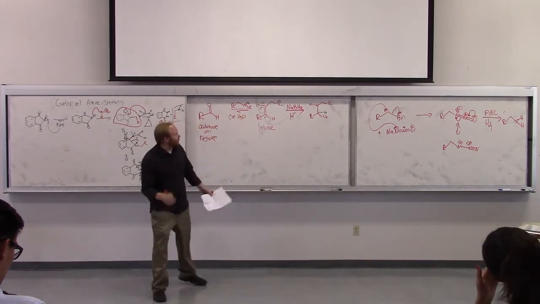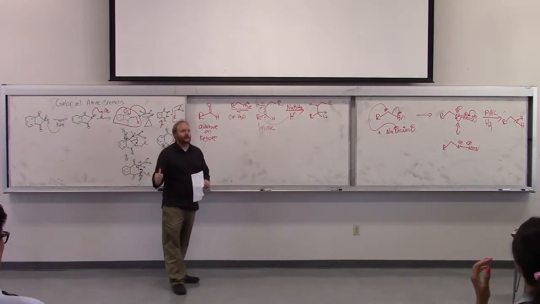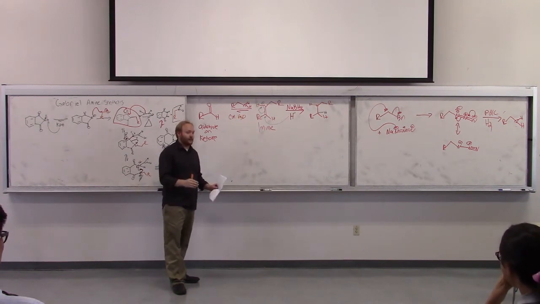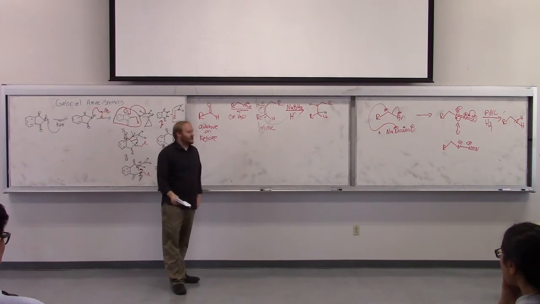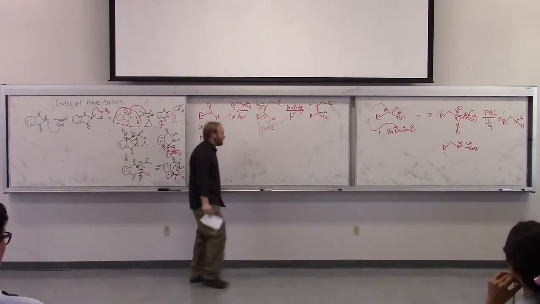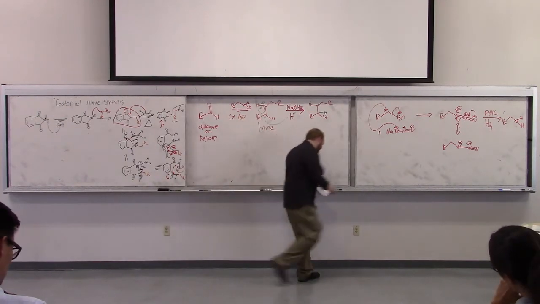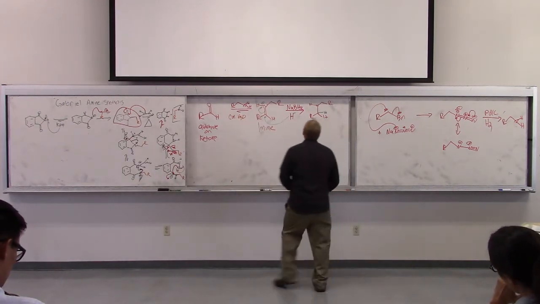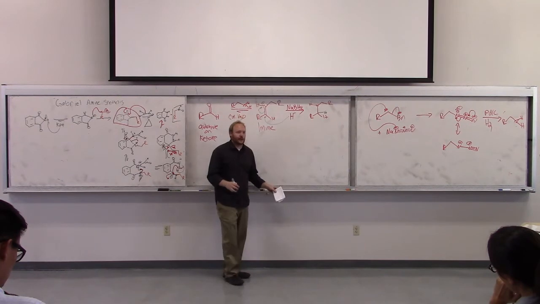So you could, in theory, do it if you preform the imine, purify the imine, and add in lithium aluminum hydride, for sure. But why would you use a sledgehammer when you can use a chisel? So sodium borohydride is a good one. In reality, sodium borohydride works great.